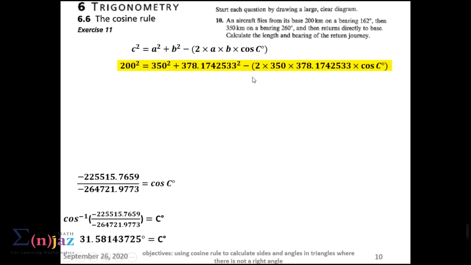So at first, after we substitute, so we wrote the rule, we substituted in the rule, let's simplify it. 200 to the power of 2 is 40,000.